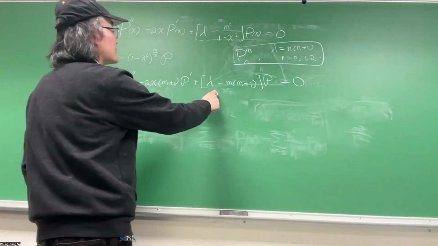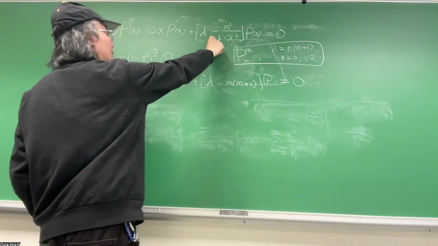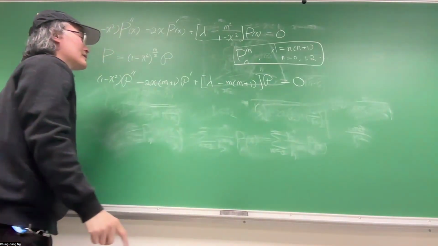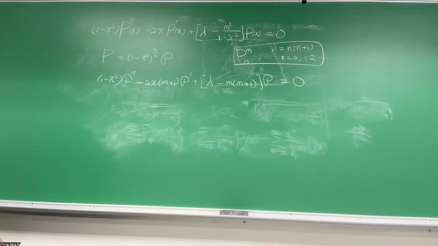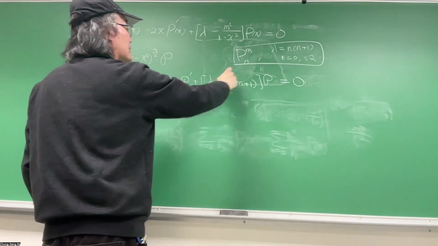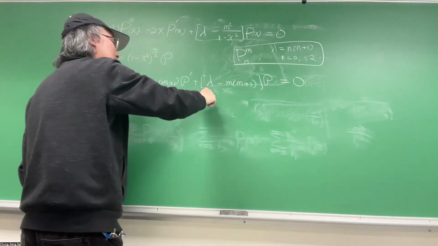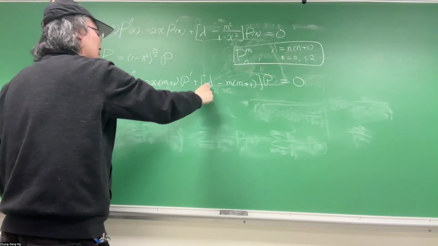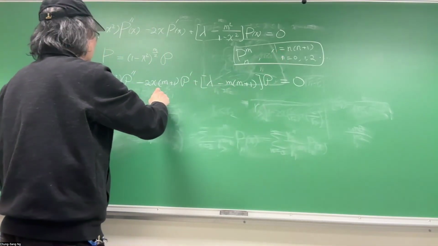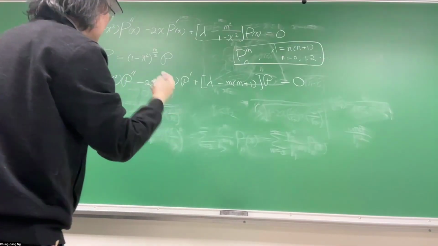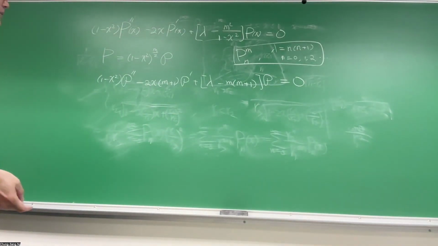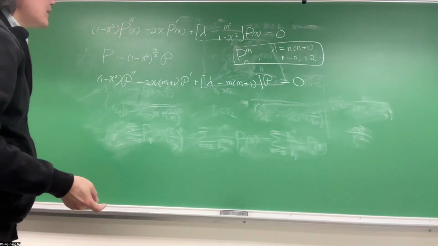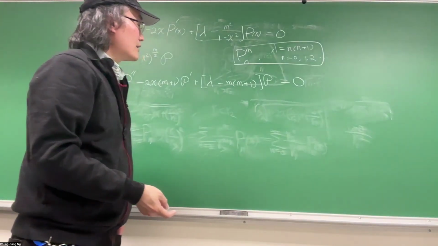Now this equation is easier than the previous one because you get rid of the 1 minus x squared factor. If lambda is the same as this one, then all these coefficients will be regular, so the solution will be similar to the Legendre equation.